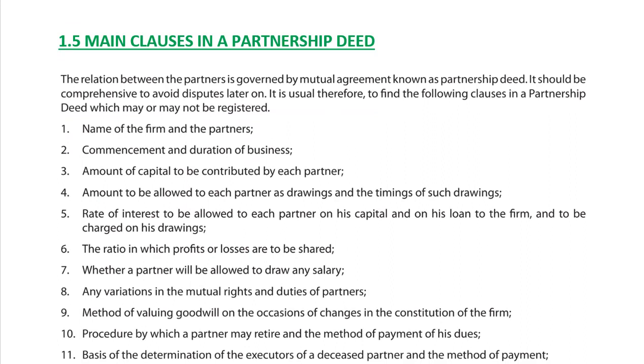Main clauses in a partnership deed. The relation between the partners is governed by mutual agreement known as partnership deed. It should be comprehensive to avoid dispute later on. It is usual, therefore, to find the following clauses in a partnership deed, which may or may not be registered. First, name of the firm and the partners. Second, commencement and duration of the business. Third, amount of capital to be contributed by each partner.